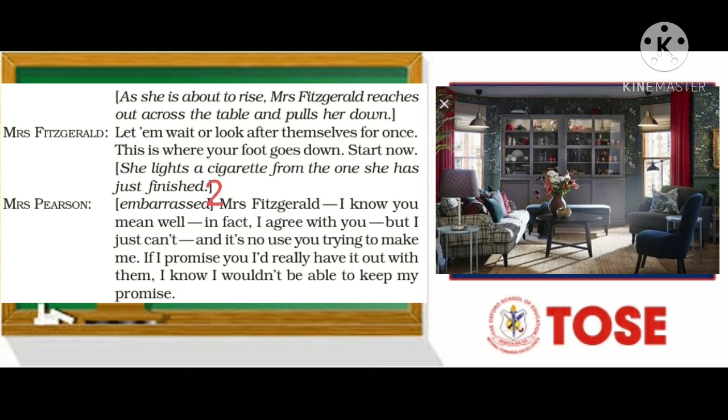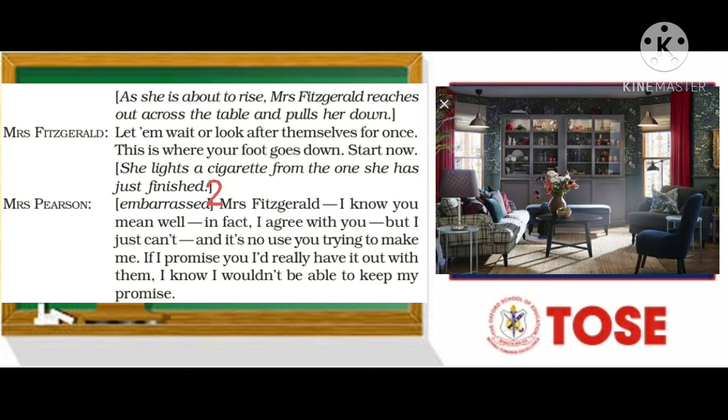Mrs. Fitzgerald just stopped her from doing that, and she asked her to wait or sit down and just let them come. So basically, she wanted to see how they managed to look after themselves when they arrived.